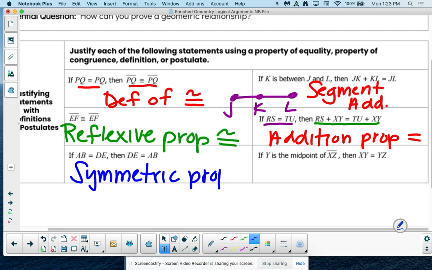And since they have an equal sign, technically we should put it, but again, if Y is the midpoint of segment XZ, then XY equals YZ. Yeah, and sometimes you guys, it kind of tells you if it's given though, if it's using the word midpoint, it's probably definition of a midpoint.